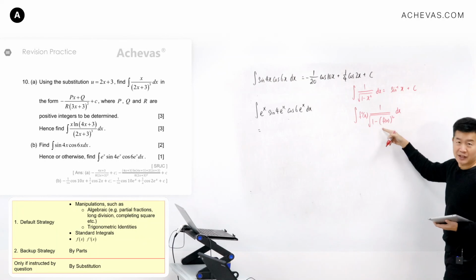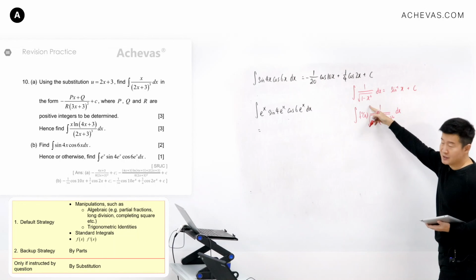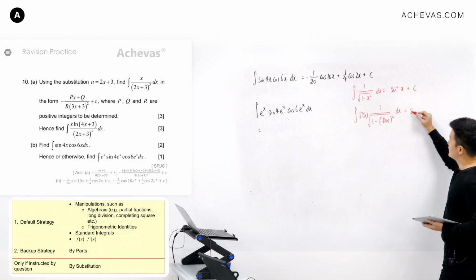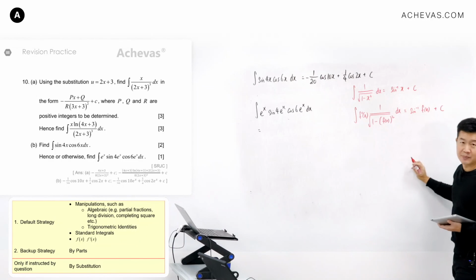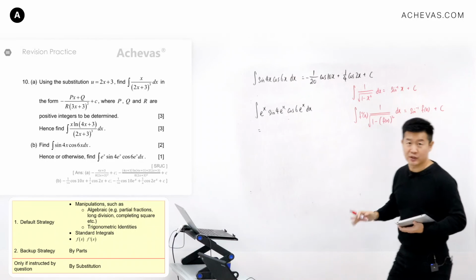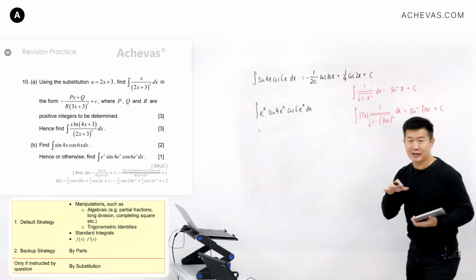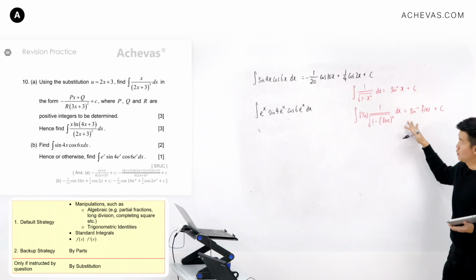Generalizing using this should give me a result of sine inverse of f(x) plus c. This is what we have been doing for all our f(x) f prime x, and most likely by now you should be able to do this also.